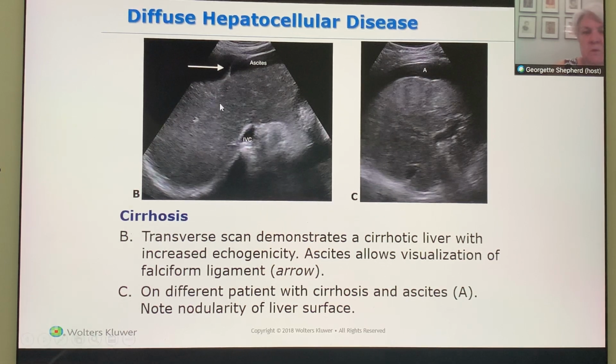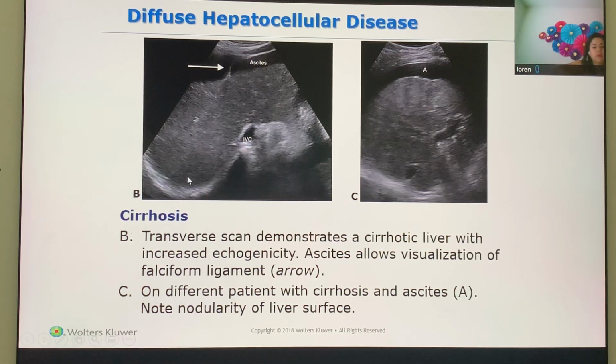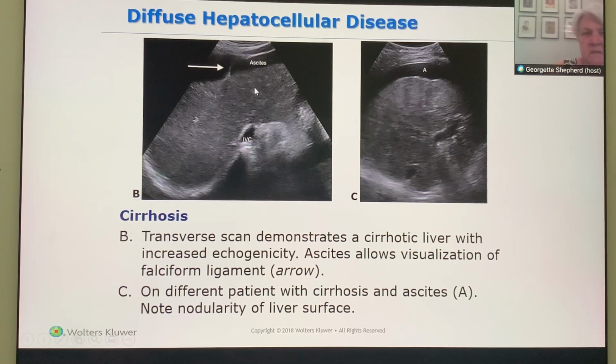So here we have cirrhosis. We have a small hyperechoic fibrotic liver. We don't see any of the hepatic veins. We see a little bit of the portal system, and you can see this falciform ligament. Inside the falciform ligament, you have the ligamentum teres, which is a remnant of the umbilical vein.